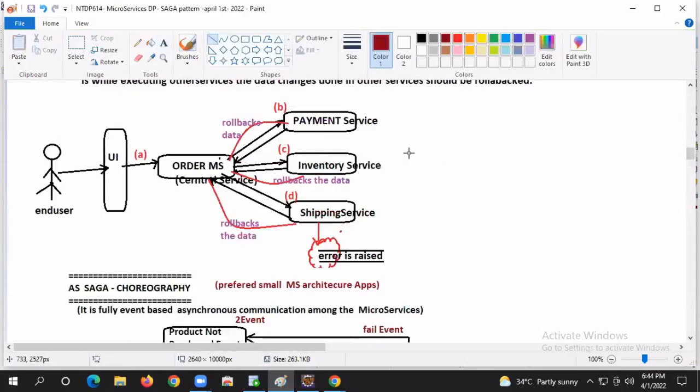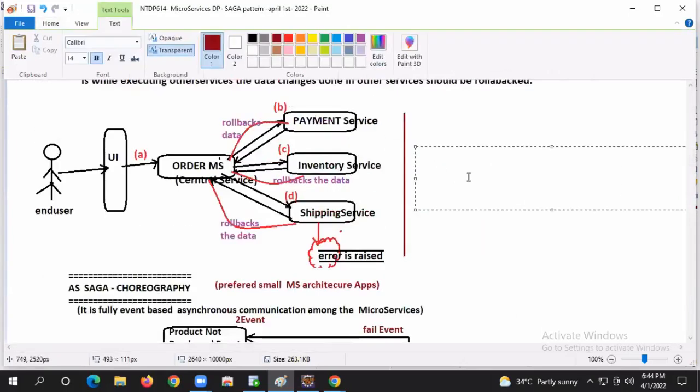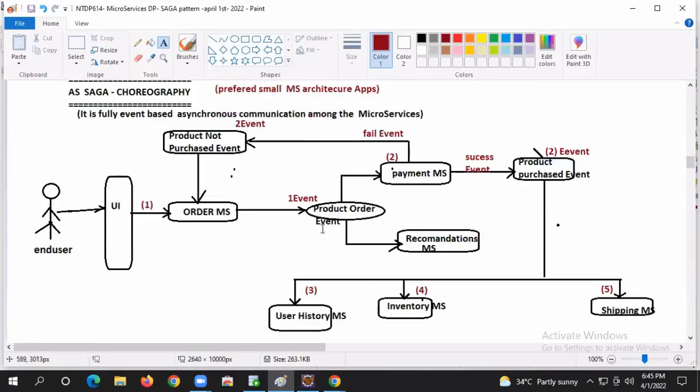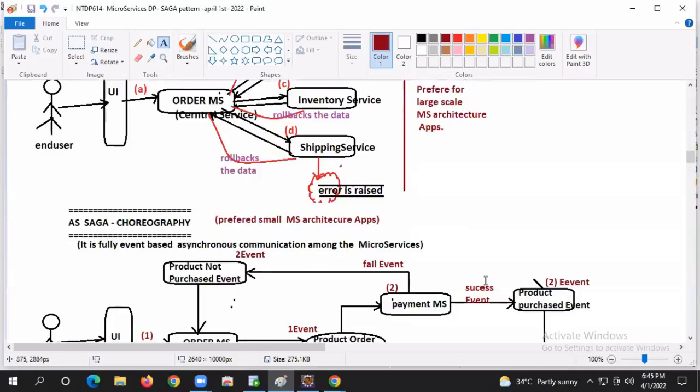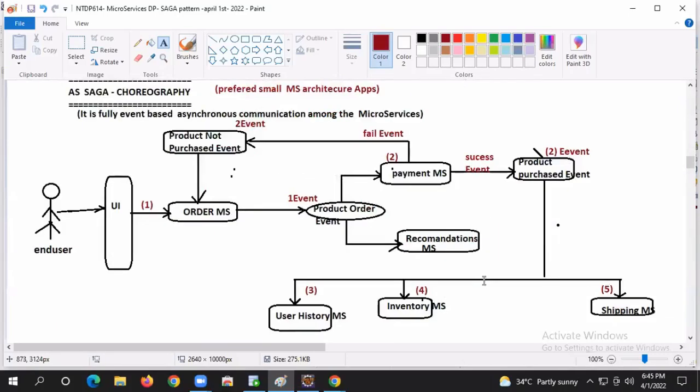This is mostly used for large scale MS architecture applications, but this is recommended in a small environment. Got the point, guys?